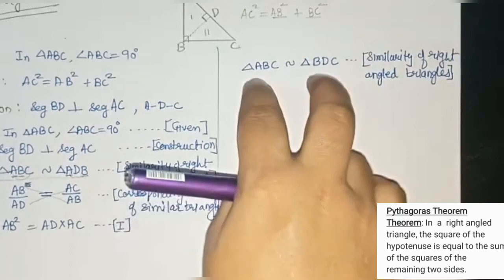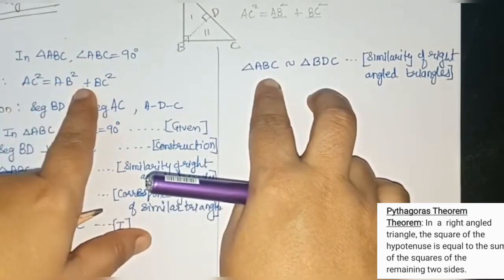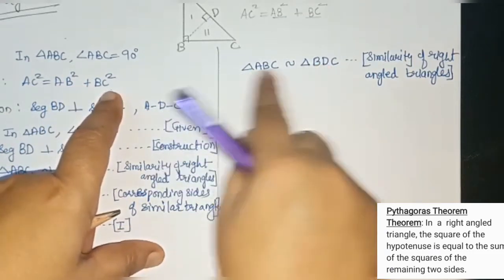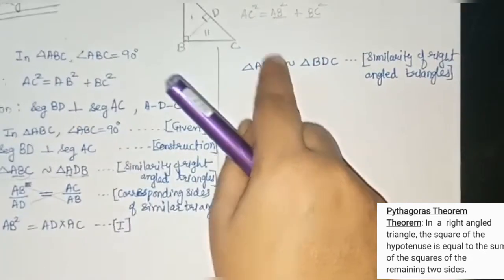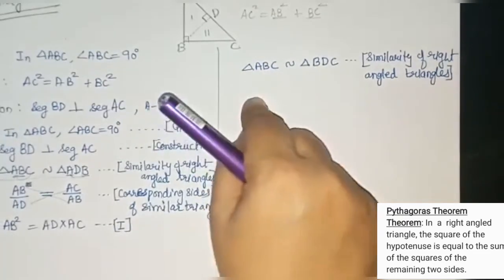So which ratio we will write? See, what is our requirement again? AC square is equal to AB square plus BC square. So we will check here which is the side common, or which are the alphabets common over here. With that we will begin the ratio.